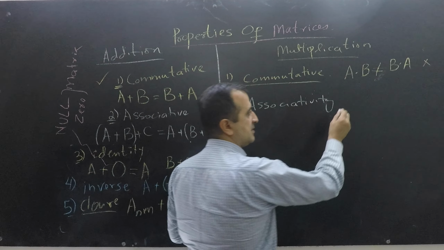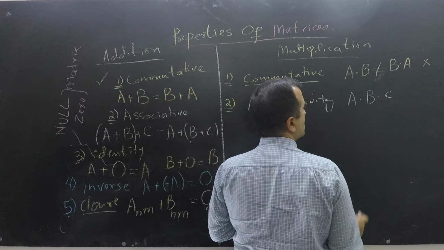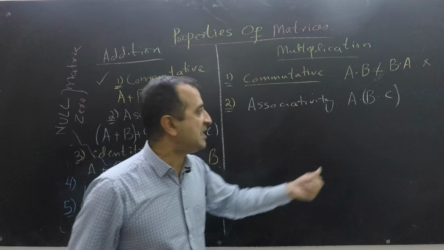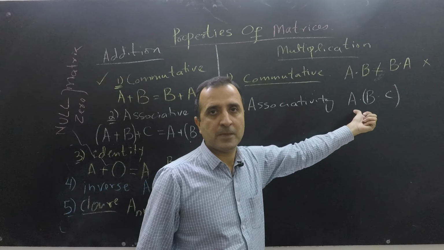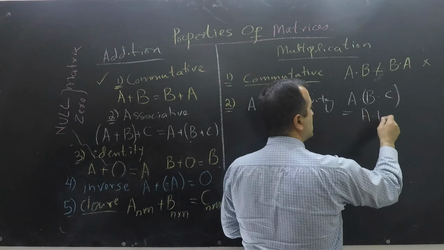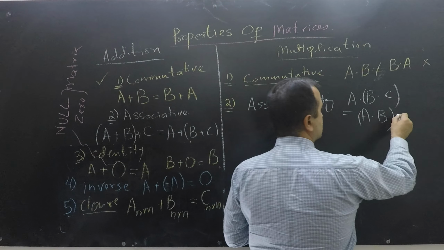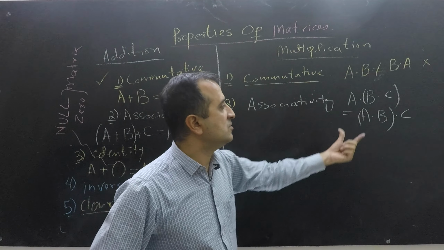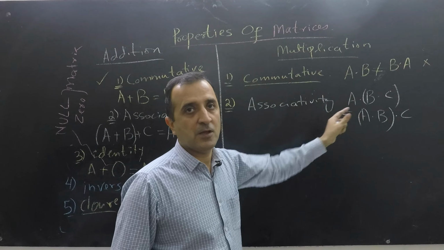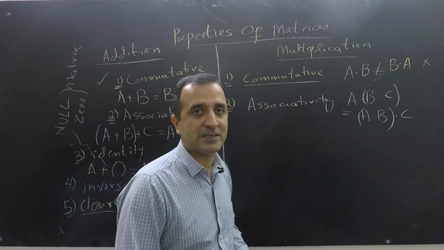Let's say we have matrices A, B and C. We can first multiply B with C, and whatever the result we have, we multiply with A. Or we can first multiply A with B, and whatever the result I have, I will multiply with C. As long as we are not changing the order of these matrices, our result will remain the same. So the associative property holds in case of multiplication.